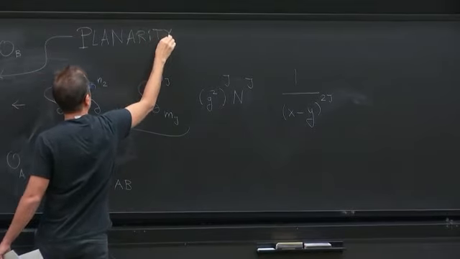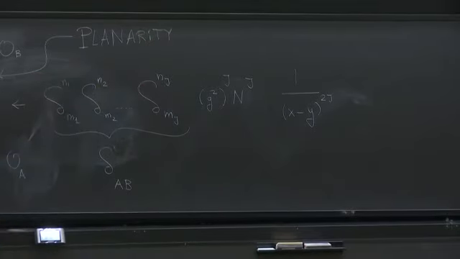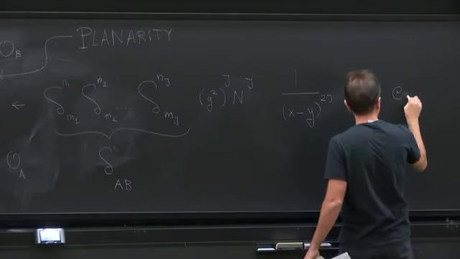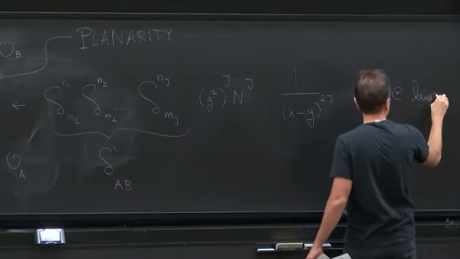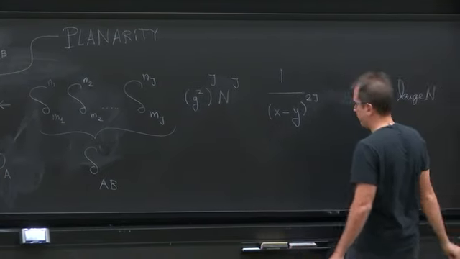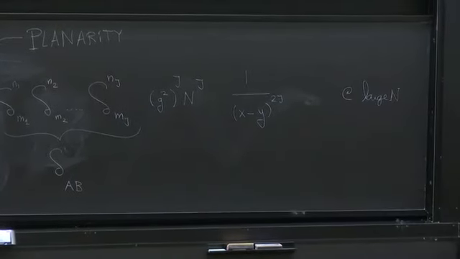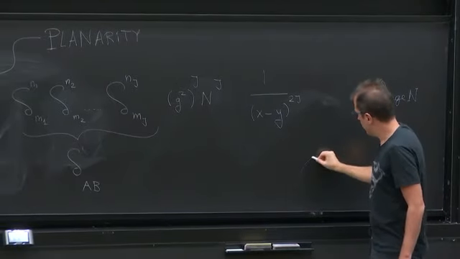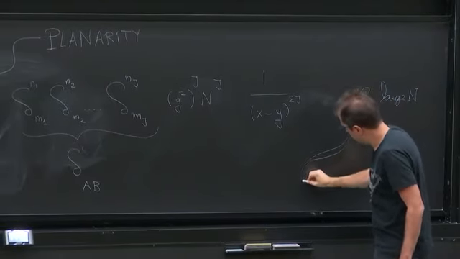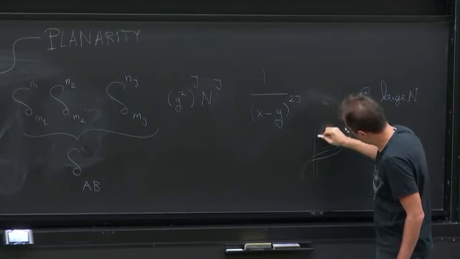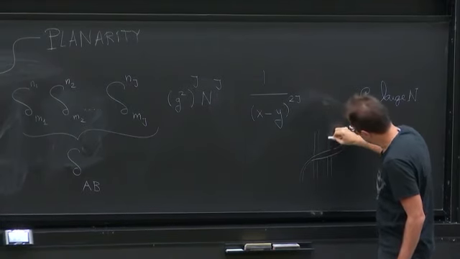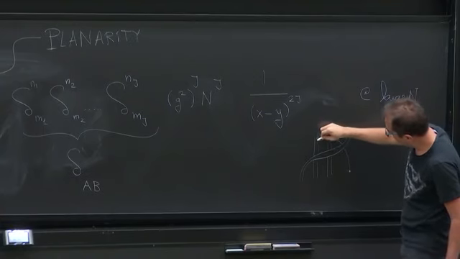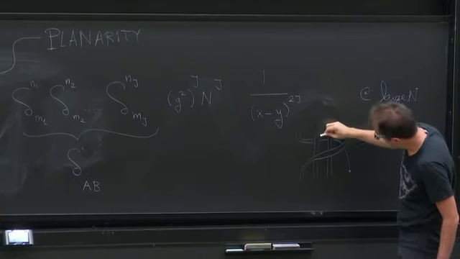We are using planarity to say that this is what we get at large N. Again, this diagram where the legs would do something like this, and then the other ones would contract like this, would also exist, but it would be much suppressed in N.